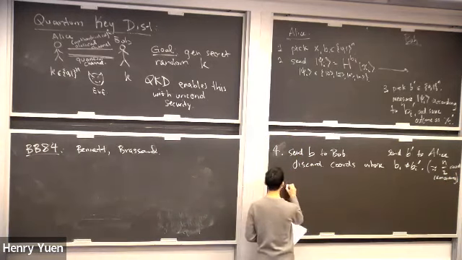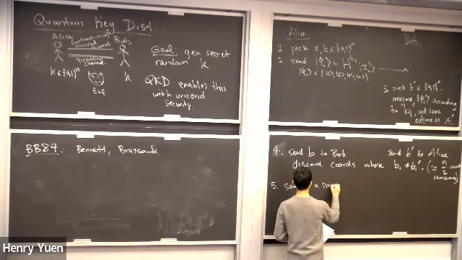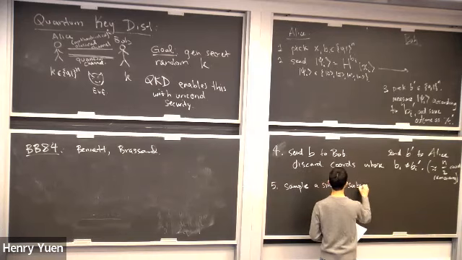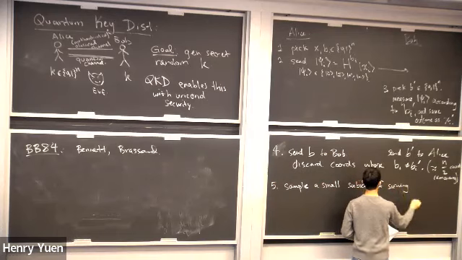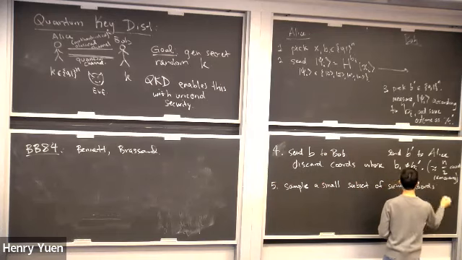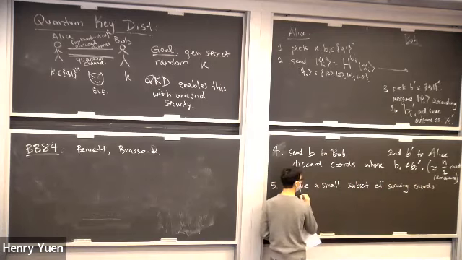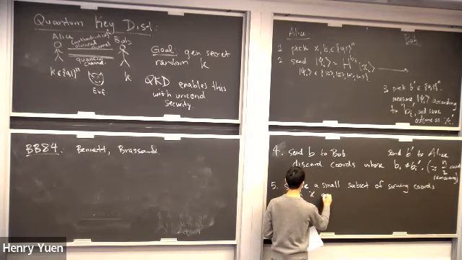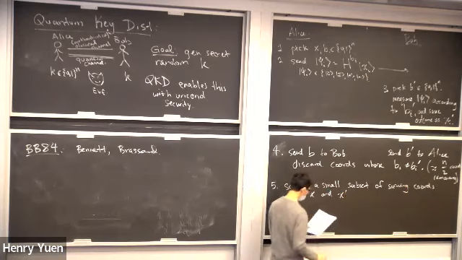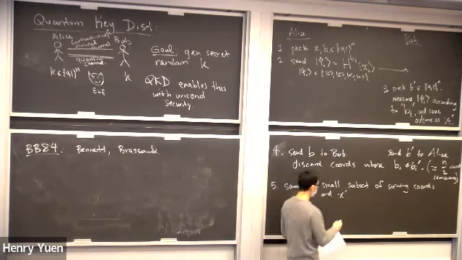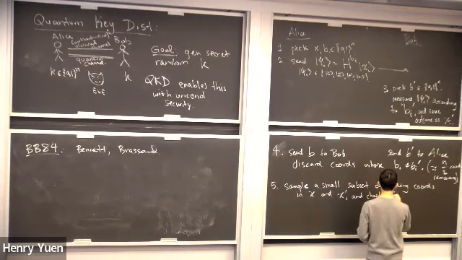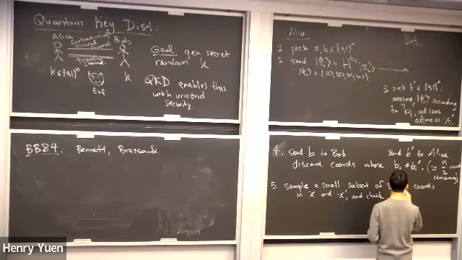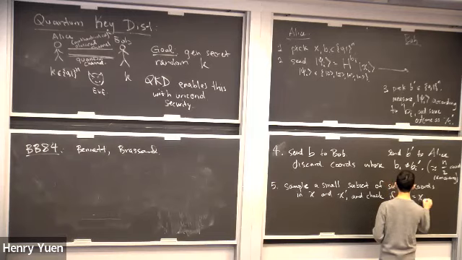So they're going to sample a small subset of surviving coordinates in their x and x prime strings, and check if in that small sample, xi is equal to xi prime.